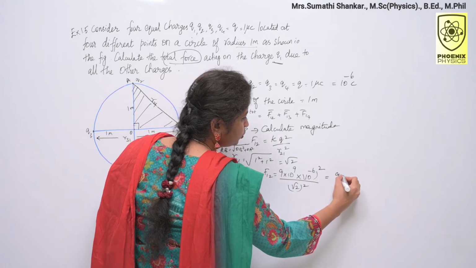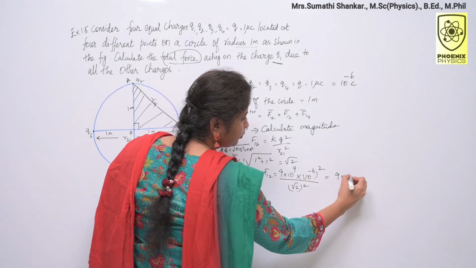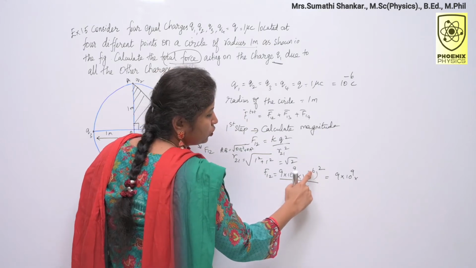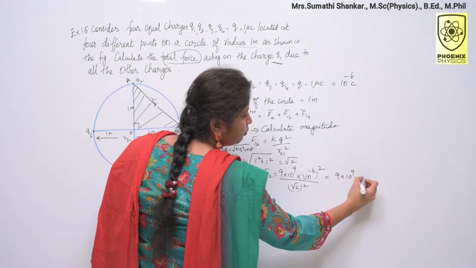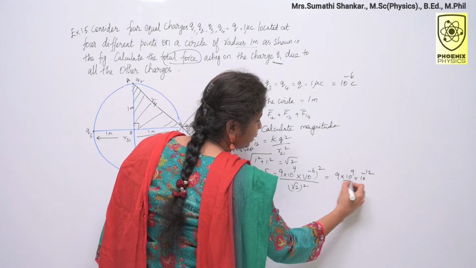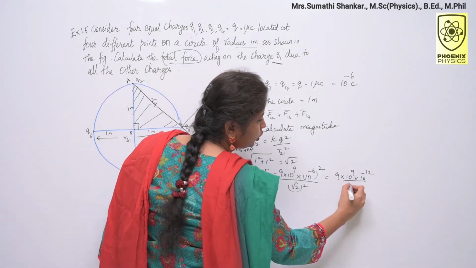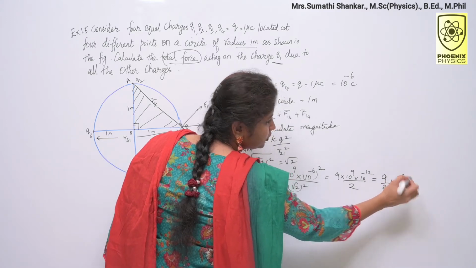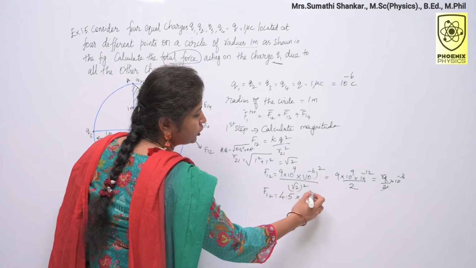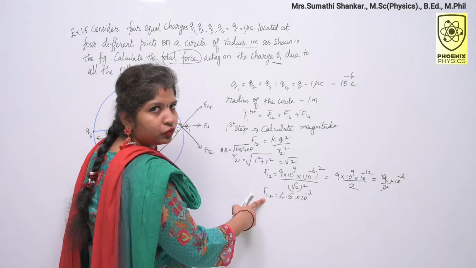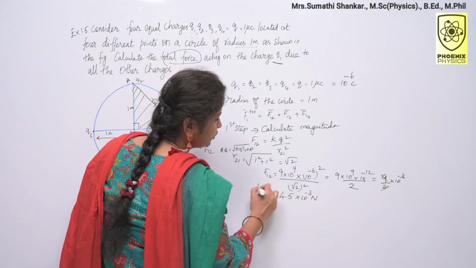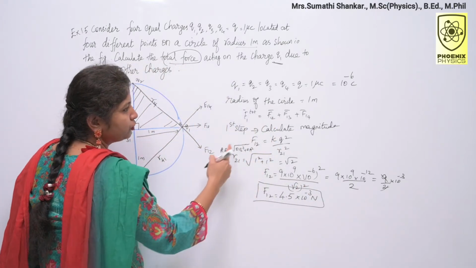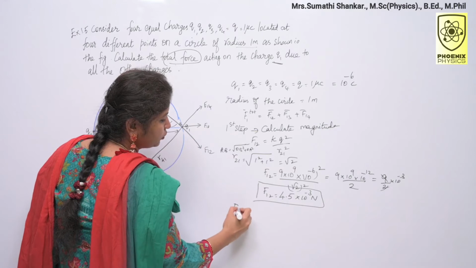So 9 into 10 to the power of 9, multiply these two: minus 6 into 2 is minus 12, divided by root 2 the whole square means 2. 9 by 2 into 10 to the power of minus 3, that is 4.5 into 10 to the power of minus 3. The SI unit for force is Newton. This is the F12 value.